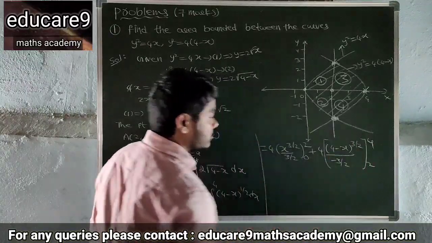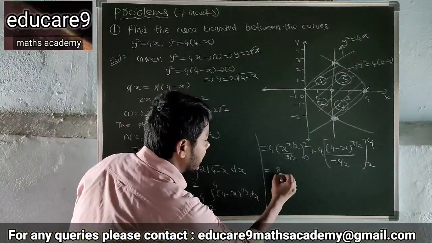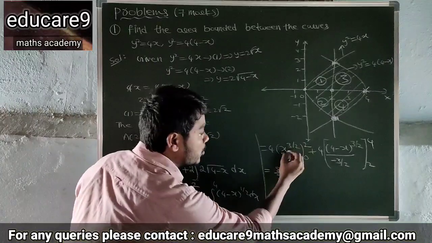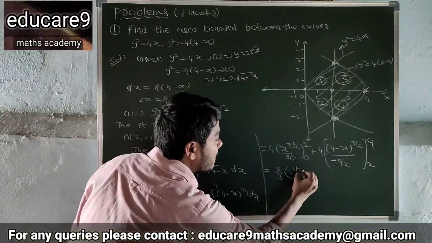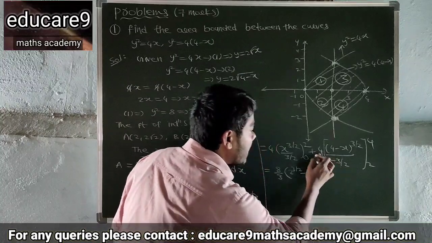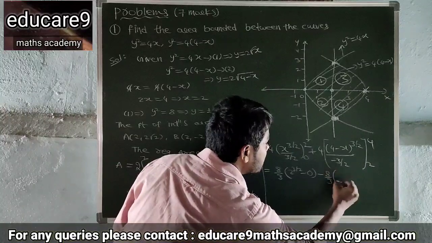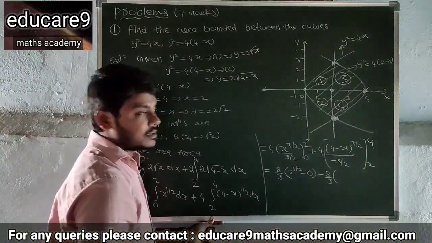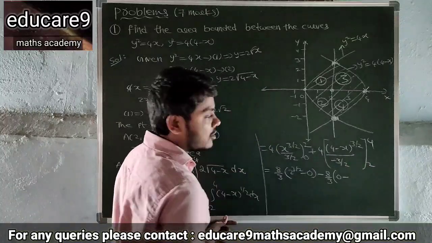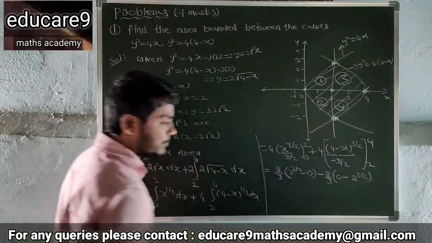Now this is 2 into 4, 8 by 3. Apply the upper limit first, 2 power 3 by 2 minus 0, and here 2 into 4 minus 8 by 3. Apply the upper limit first, 4 minus 4 is 0, minus the lower limit, 4 minus 2, so 2 power 3 by 2.